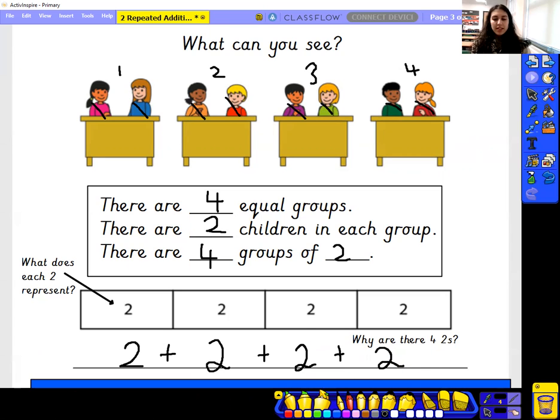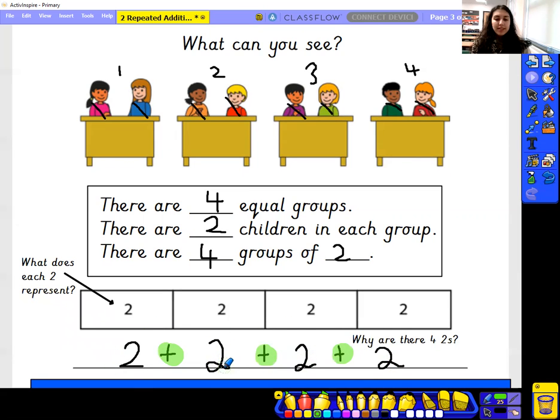Lovely. So this is what we would call a repeated addition. And you can see, because you already know a lot about addition, that we're using our addition symbols. It's called repeated addition because it's the same number being repeated again and again.